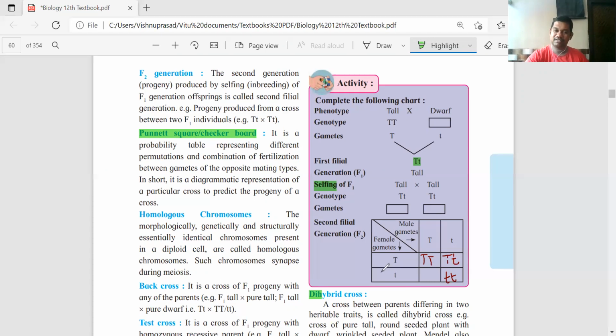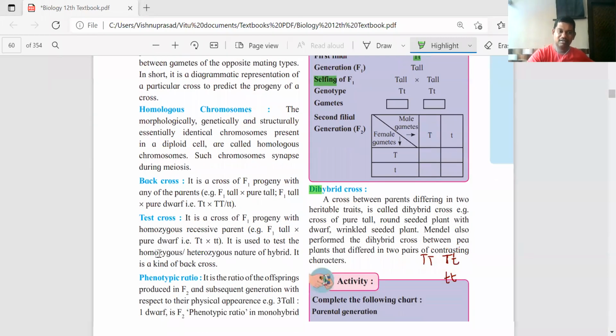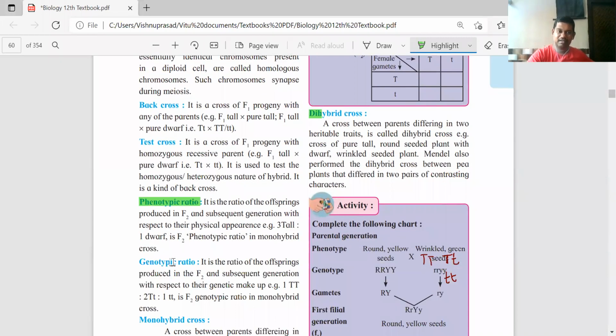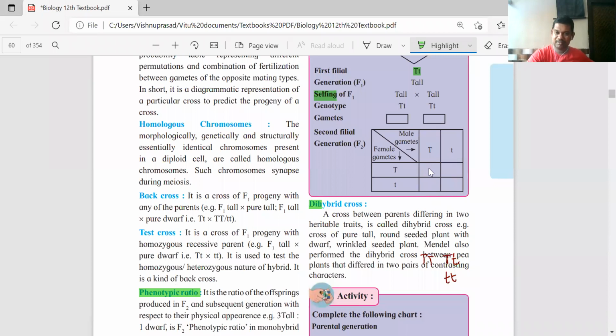So the Punnett square is an easier method to understand what type of offsprings are obtained and in how many numbers. Because from that, you will be able to calculate something called the phenotypic ratio and the genotypic ratio. For example, over here, homozygous tall. Phenotypic first. Phenotype means the external visible appearance.